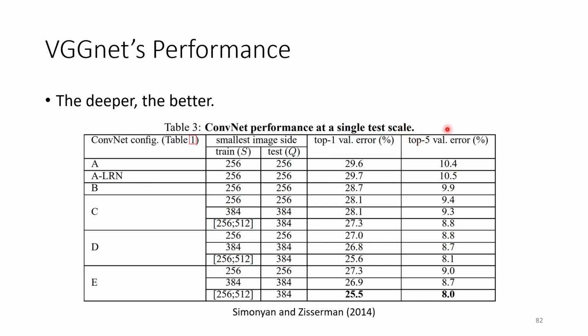But top 5 means you can pick the top 5 classes, and if the ground truth class matches one of the 5 classes you pick, it counts as correct. So that's why the top 5 error rate will be much less than top 1, because top 1 is much more difficult.